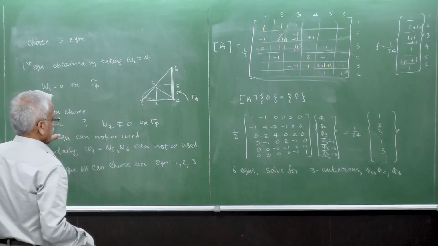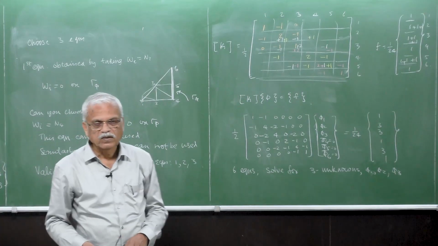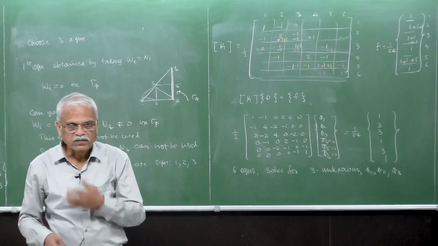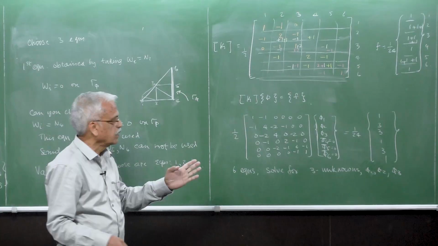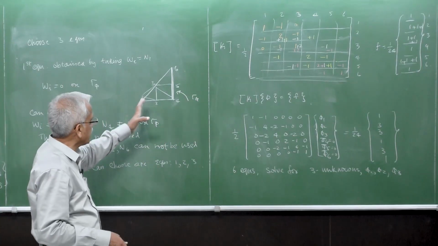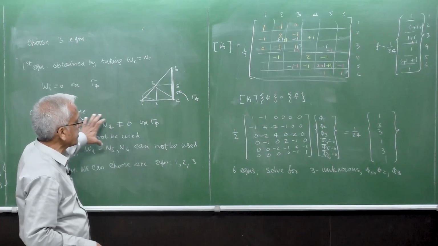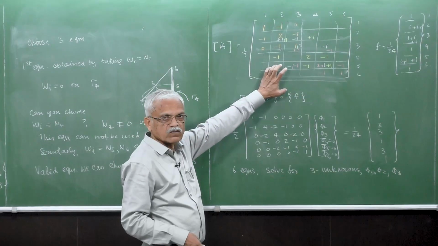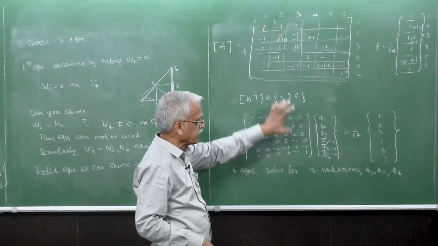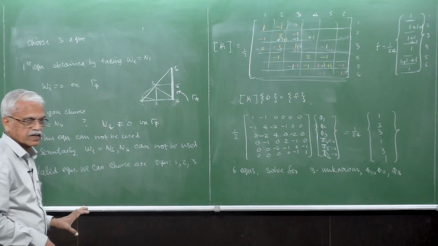So this is a very typical procedure of finite element analysis. You make a choice of the element, discretize the system, give the node numbers and element connectivity, find the element stiffness matrices and element F matrix, then find the assembled matrix and apply the boundary conditions appropriately.